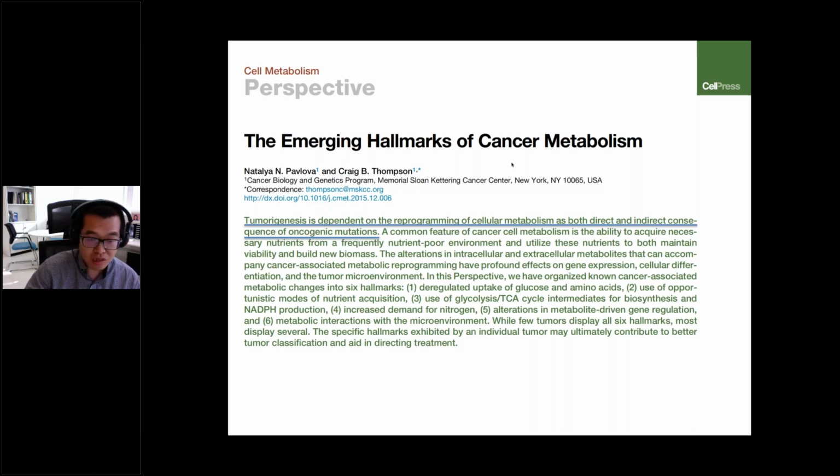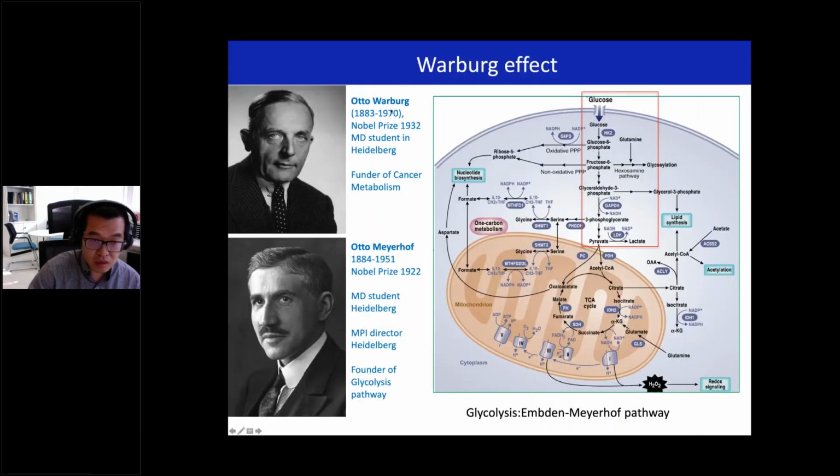and one of the hallmarks of cancer metabolism is the activation of the glycolysis pathway, as postulated initially by Otto Warburg some time ago. Actually, Otto Warburg was an MD student in Heidelberg, where he did not discover the glycolysis pathway.